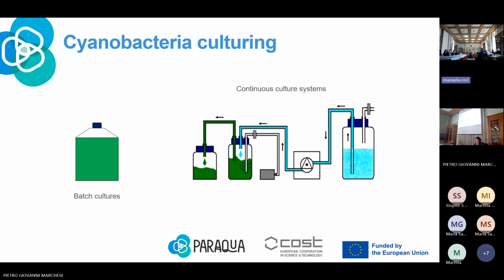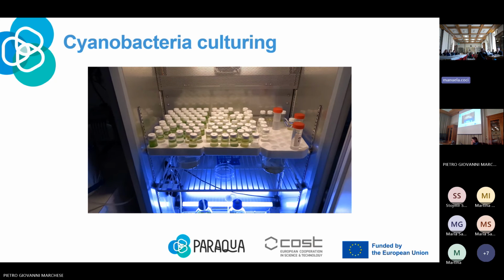Here we have the medium, and the medium can be continuously transferred to our culture, and the excess volume is moved to the outflow bottle. So this method is very good to design and conduct some experiments with cyanobacteria. But for standard cultivation, it's very good to use the batch culture technique.